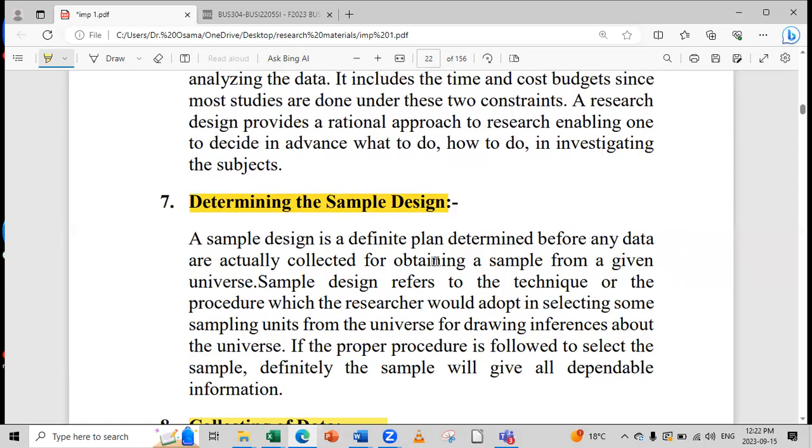So a sample is units drawn from the population, and the sample should represent the characteristics of the population. In other words, if I'm studying small kids under 10 years old, their health and fitness, the whole sample should be in this age group.